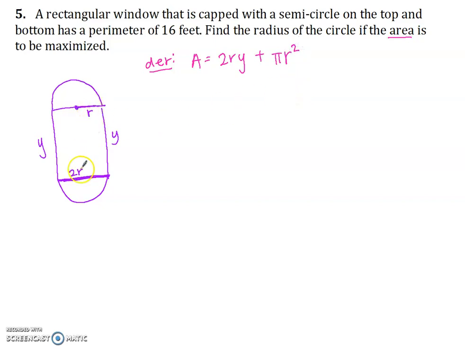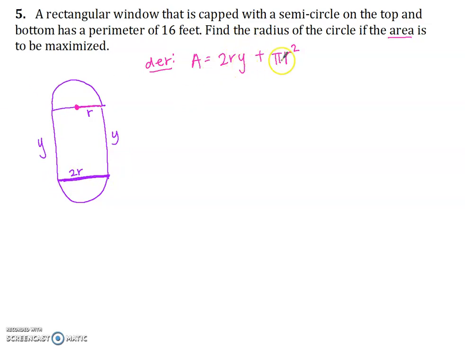If you're going to call this side 2x or x, you would have to make sure that matches as well. Whatever you call this side in the rectangle, you'd always have to use half of it for your radius. That's why I usually just stick with r for the radius, 2r for the side length of the rectangle.